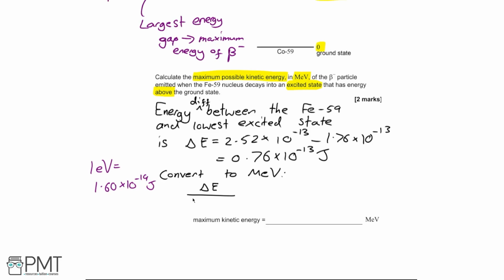So delta E divided by 1.60 times 10 to the minus 19 will tell me my energy in electron volts. We also want to convert this to mega electron volts, so we also need to divide by 10 to the 6 to turn it from electron volts into mega electron volts.